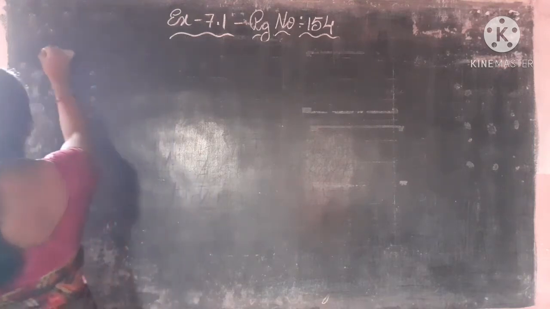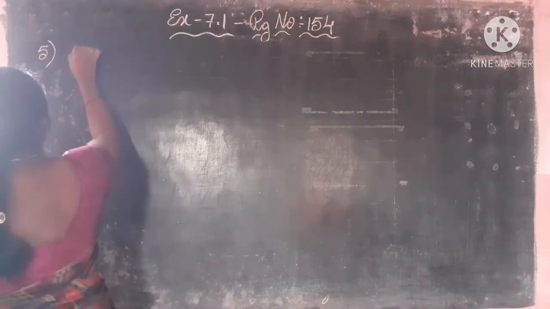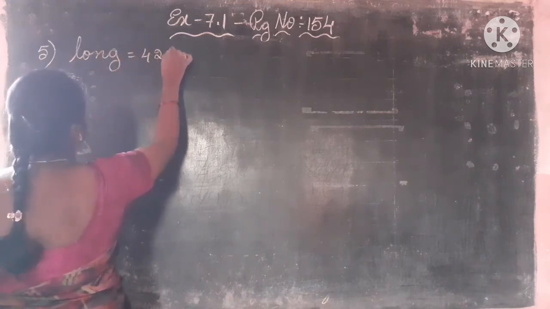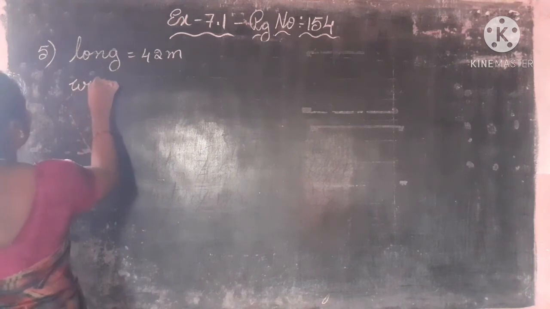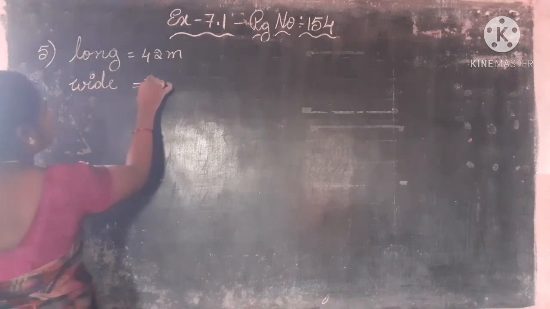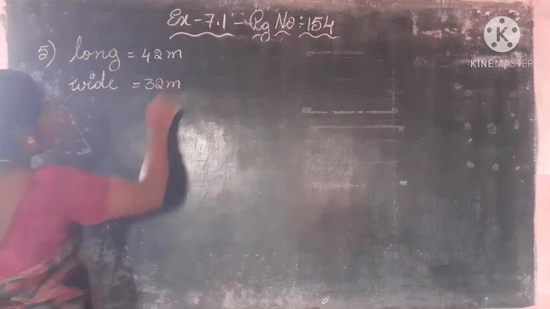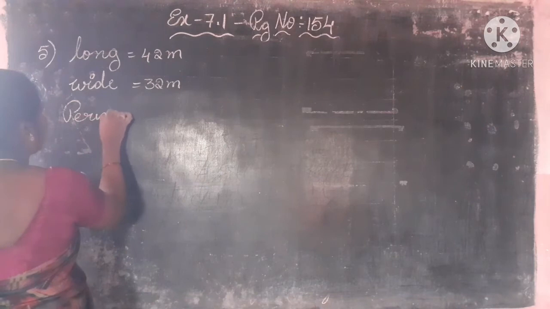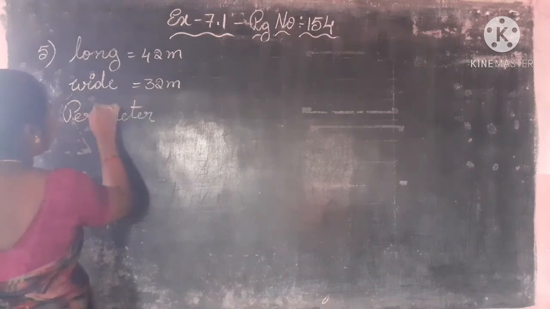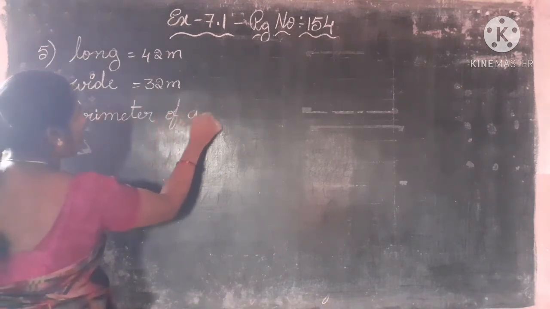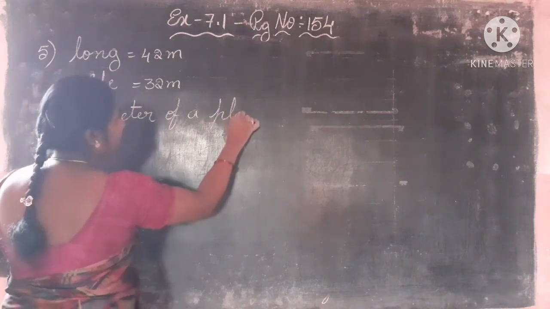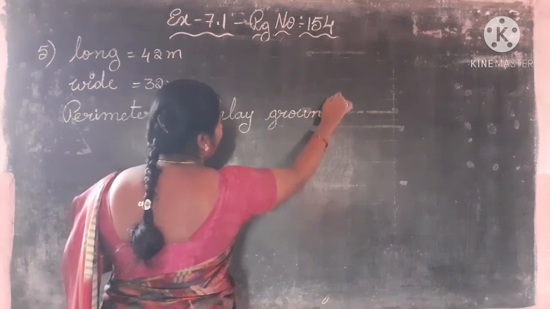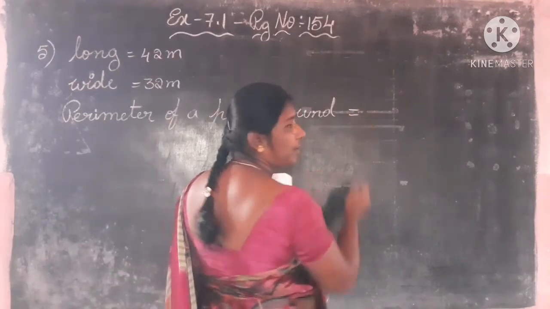See the solution for the fifth question. Long is equal to 42 meters. Wide is equal to 32 meters. So we have to find the perimeter of the playground. The playground is in the shape of a rectangle.